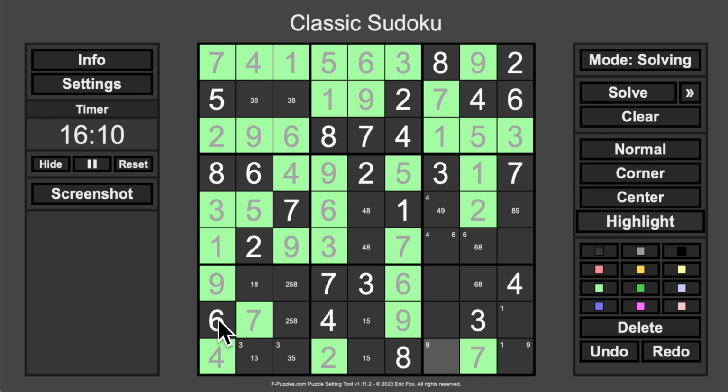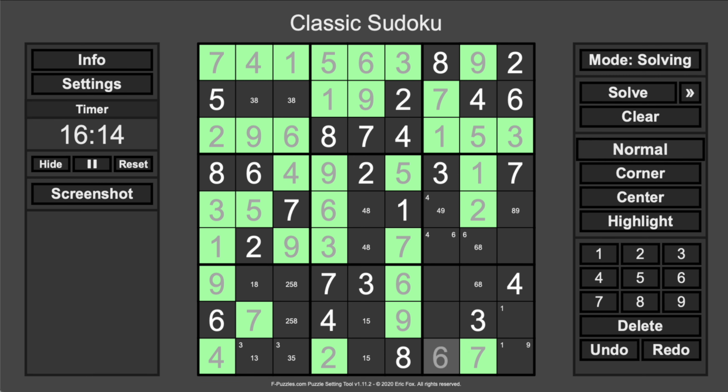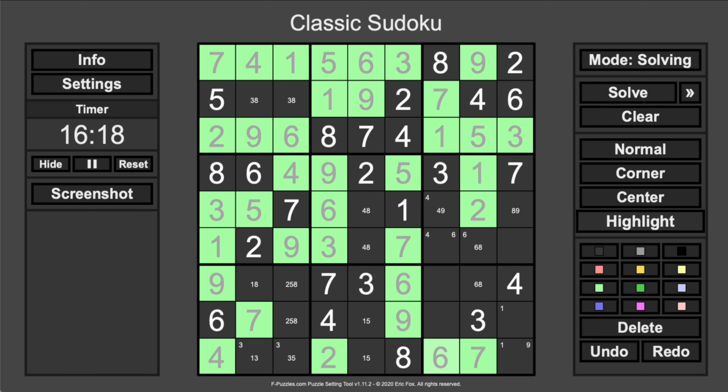Yeah, this 6 and that 6 will actually force that to be 6. Okay, which means this can't be 6. Which is that now 9, 9, and that 9.